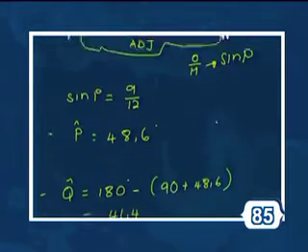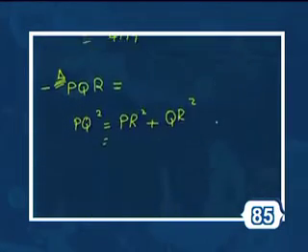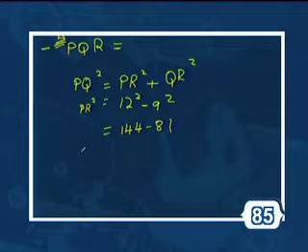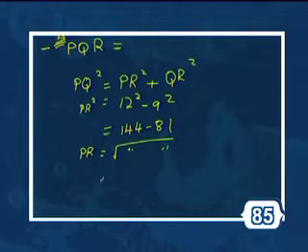So therefore, PR squared will be equal to 12 squared minus 9 squared. So that's 144 minus 81. And because we're looking for PR, we would obviously need to take the square root of that entire thing.